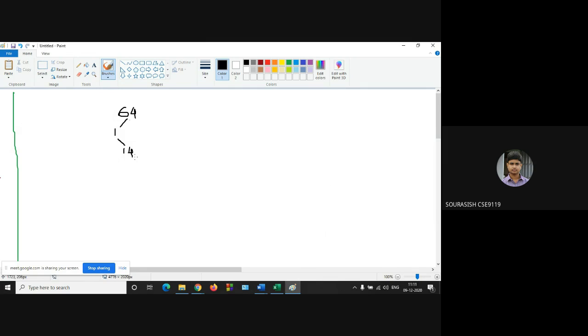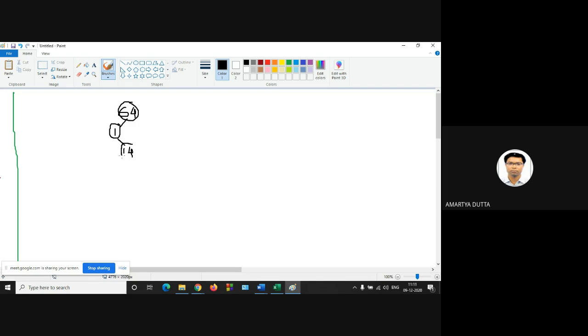No, it is not balanced. After inserting 64, 1 and 14, every time you have to check the balance. Insert 64: balanced, because 0. Then insert 1 using the BST property: balance of 1 is 0 and balance of 64 is plus 1.